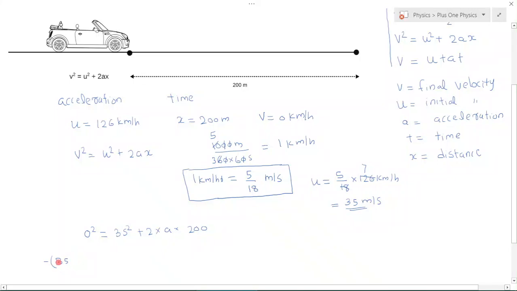So we don't need the square because that is a very big process, finding squares and doing all things. So we will do cutting to simple things. So 35 into 35 we can write, and that is all the time negative. That is 2 into a into 200.